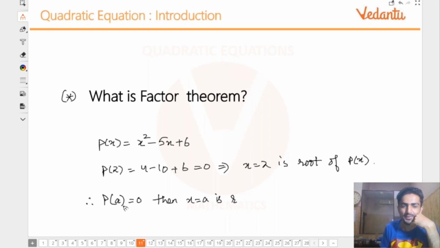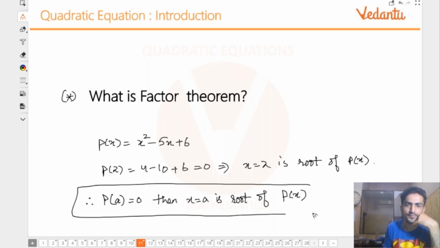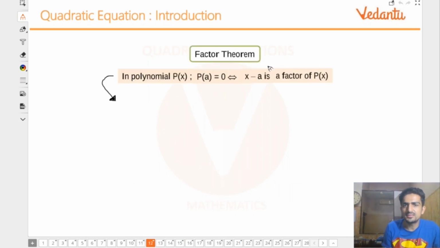Okay. So if P of A is 0, then x equal to A is root of P of x. Anybody having doubt in this statement? This is a statement of factor theorem, that if P of A is 0, then x minus A is factor of P of x.